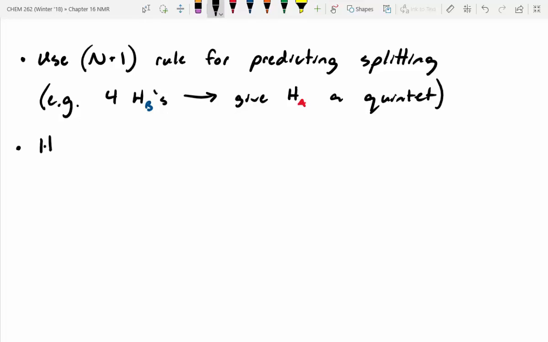One is that HA can only "feel" protons that are 2 or 3 bonds away. And I'm going to put feel in quotes here because we know that they can't actually feel them in the true sense.